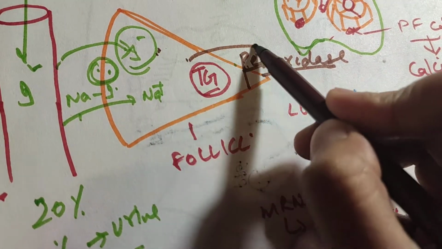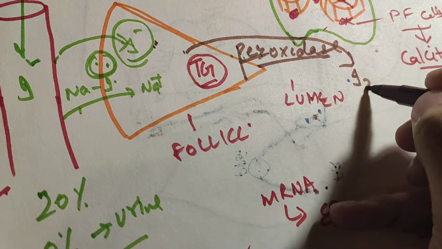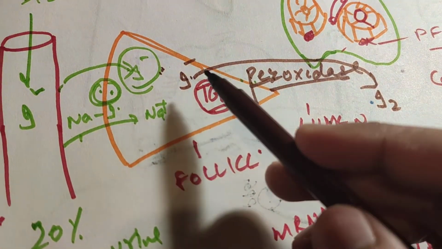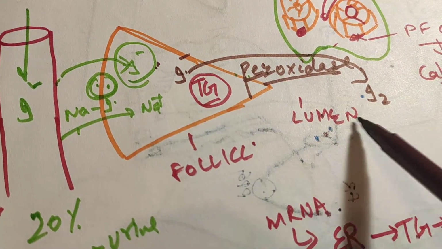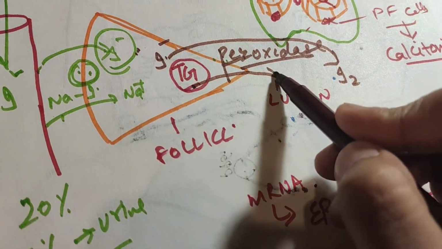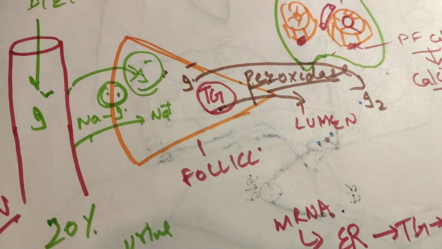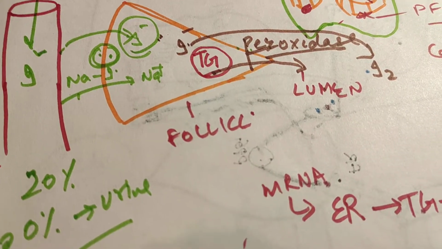The iodide will go into the lumen by oxidation. There will be an oxidation reaction of iodide which results in iodine formation, and the thyroglobulin will also be transported outside.